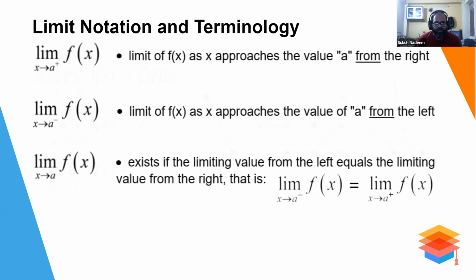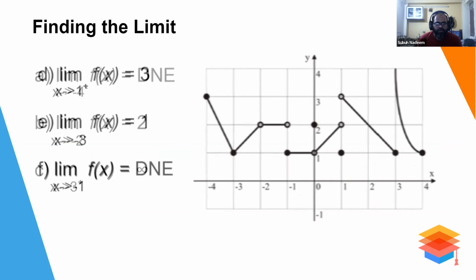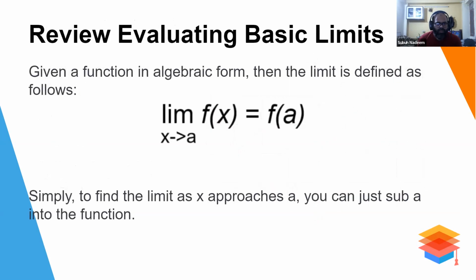Fine. Next slide. Finding the limit x approaching 4 minus 5. Okay, this is like this. It does not exist. Minus 4 minus. Okay, extending towards minus 2 minus. Okay. Next slide. Same one. Okay. Next slide.